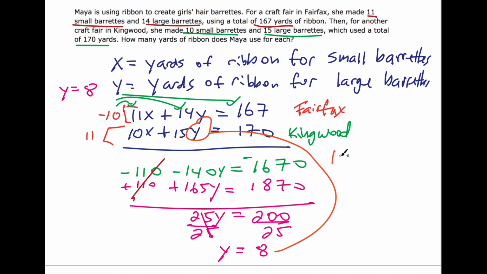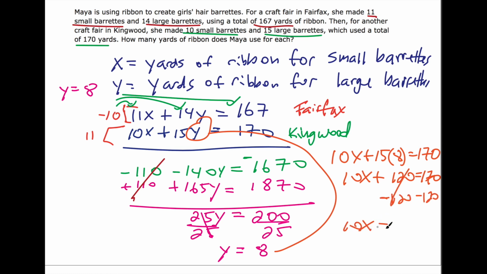So now you have 10x plus 15 times our plugged in value of 8 equals 170. All right, so you have 10x plus 15 times 8. Quick mental math: 120 equals 170. All right, minus 120, minus 120. 10x equals, that doesn't look like 120.